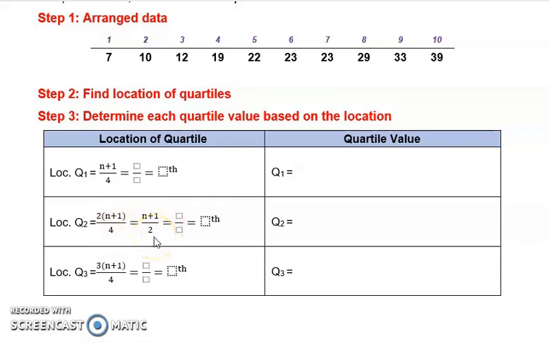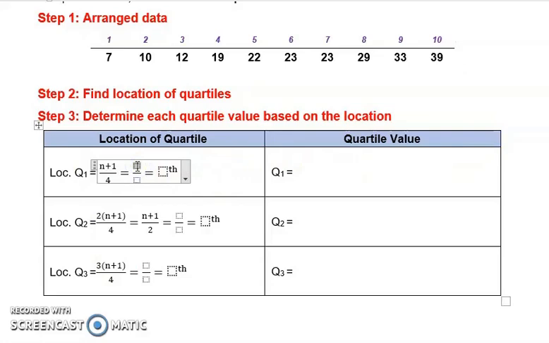That is the location for Q2. Remember, Q2 is also equivalent to the median value. Last one, the location of Q3 is given by 3 multiplied by (n plus 1) divided by 4, since it is the third quarter.